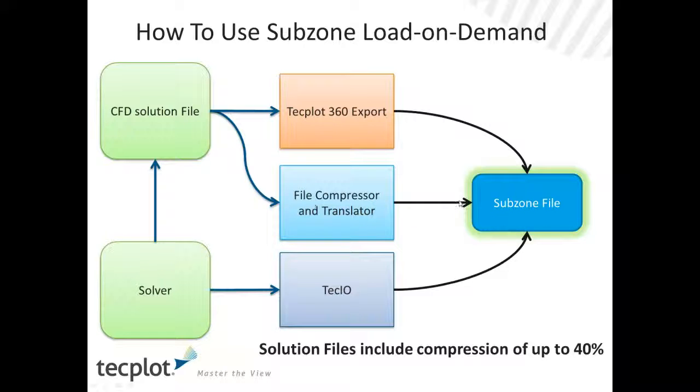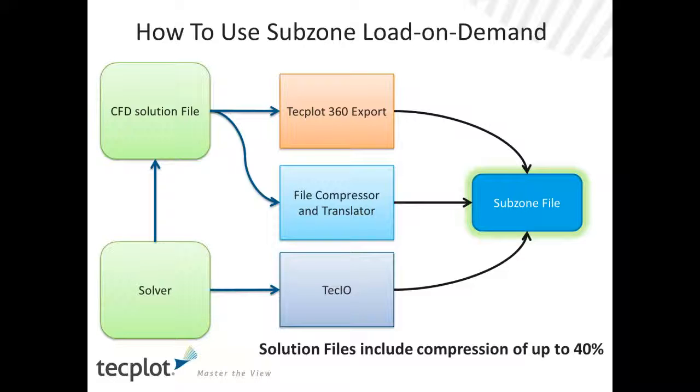Our intention is to have a reversible translator that would allow you to go back and forth from common formats like CGNS and Plot3D into this new format. The key to that is it does compress it, especially for finite element data. It can compress it up to 40%, so almost a factor of 2.